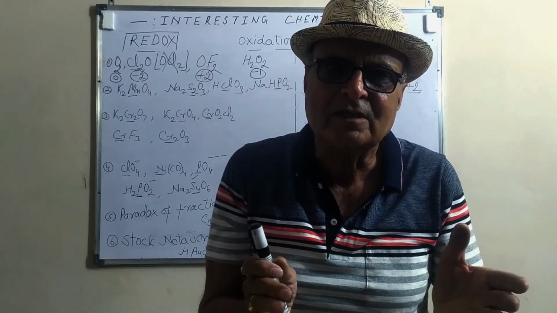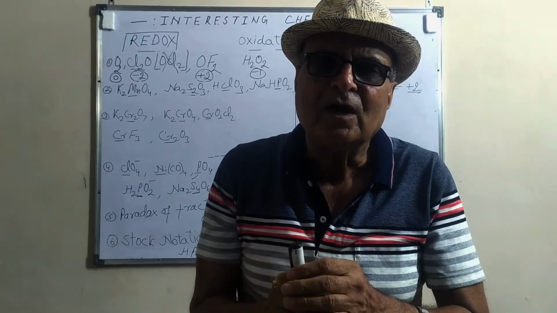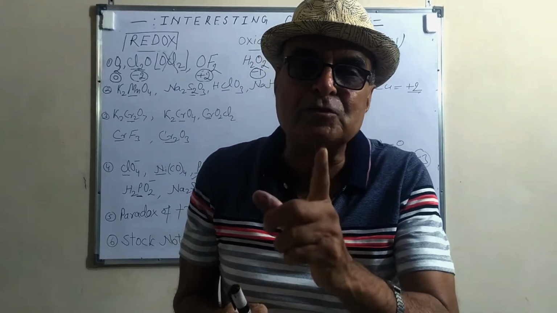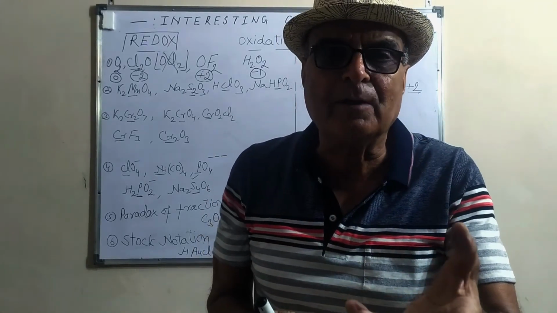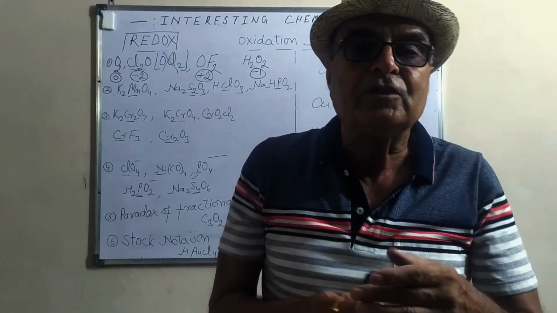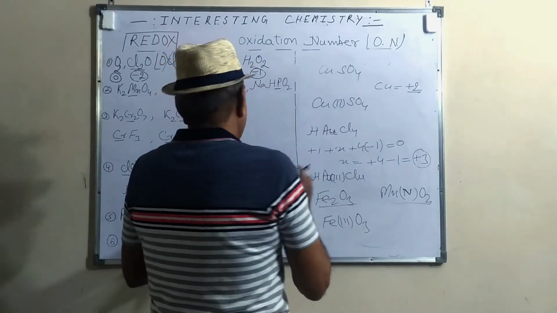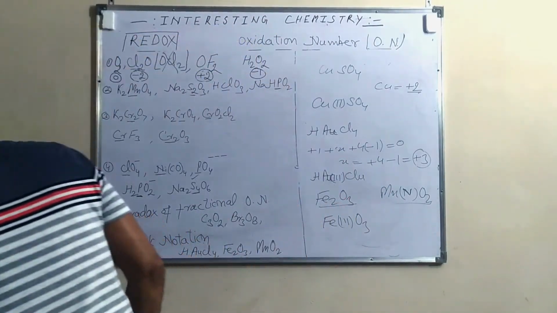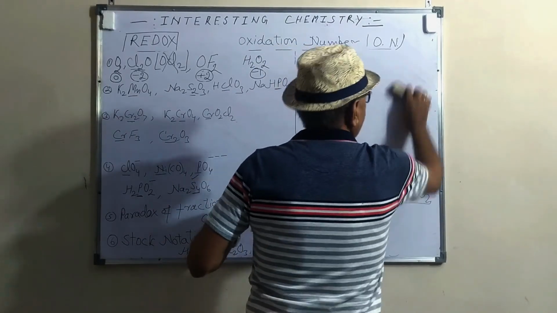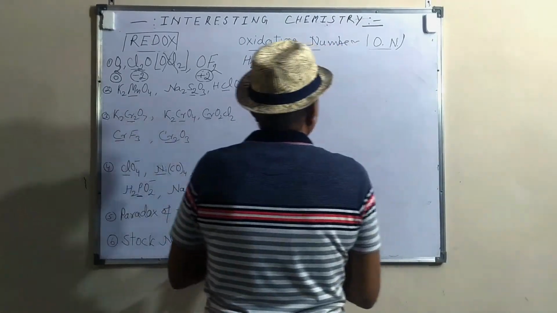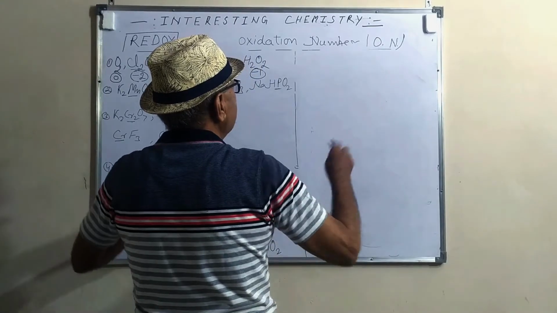In the last, I am going to tell you the difference between valency and oxidation number. Suppose the valency of sodium is 1.